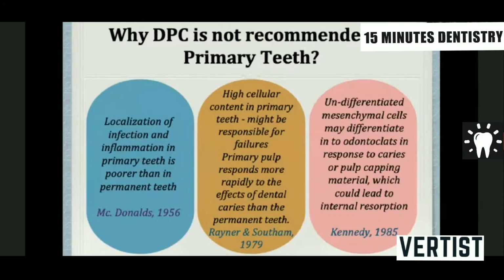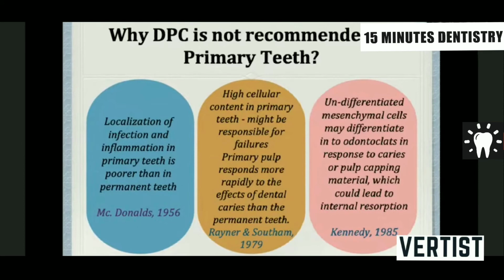McDonald, in 1956, said that the localization of infection and inflammation in primary teeth is poorer than in permanent teeth because of high vascularity and high cellularity. The second reason is the high cellular content in primary teeth, responsible for failures. The primary pulp responds more rapidly to the effects of dental caries, and even to restorative or pulp capping materials, than permanent teeth.